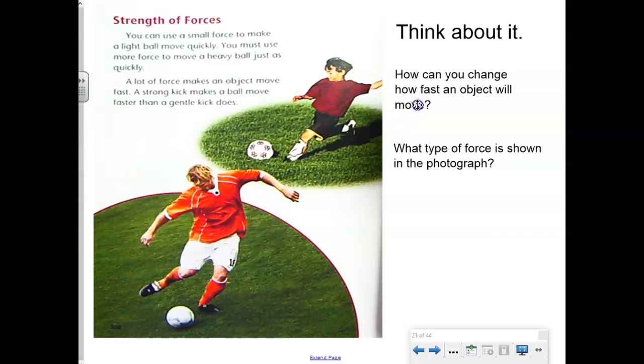How can you change how fast an object will move? You would have to apply more force, right? All right, if the ball is heavier, you're going to have to apply more force, or if you want it to go farther, you have to have a stronger kick or more force.